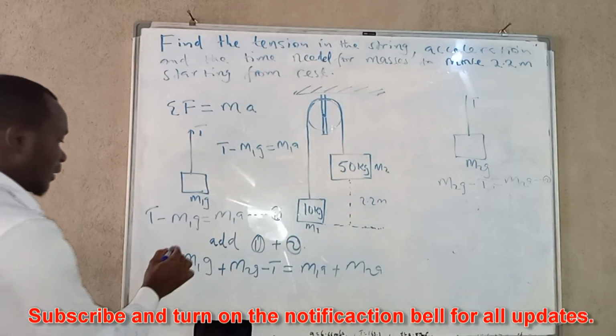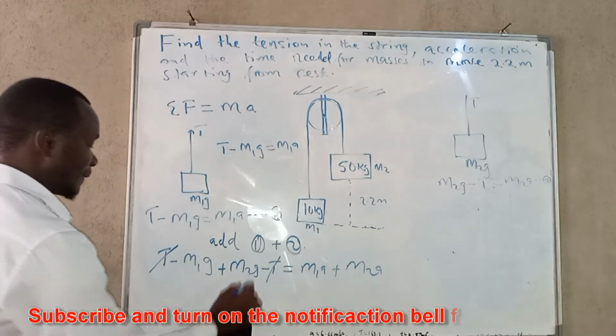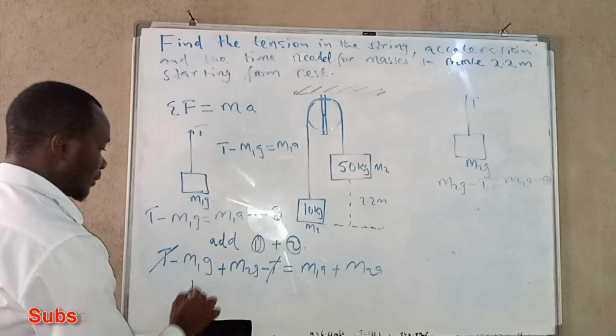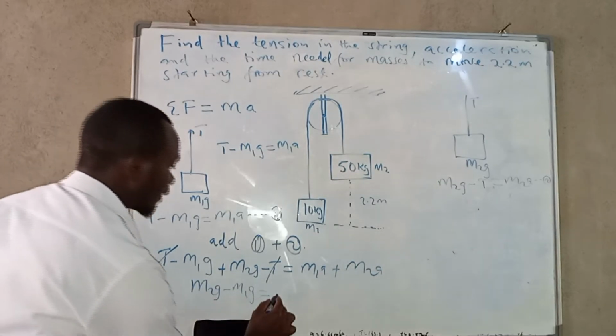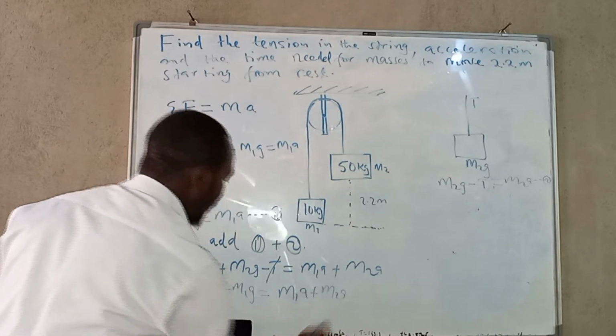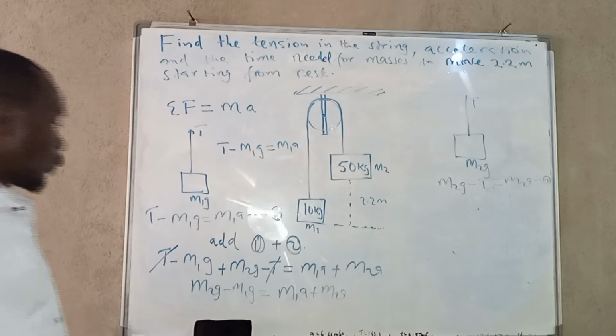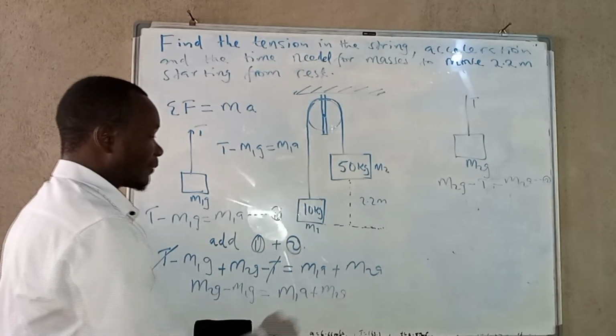From this, we can see that the T terms cancel, and we can rearrange this: m2g minus m1g is equal to m1a plus m2a. So we can find a from this.